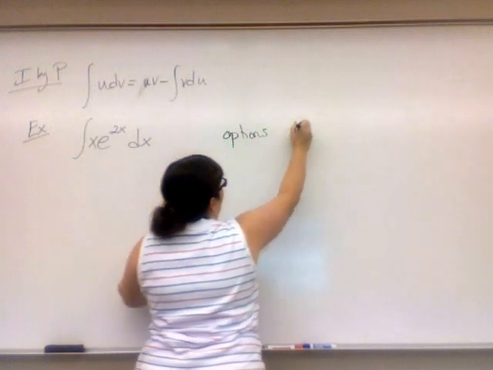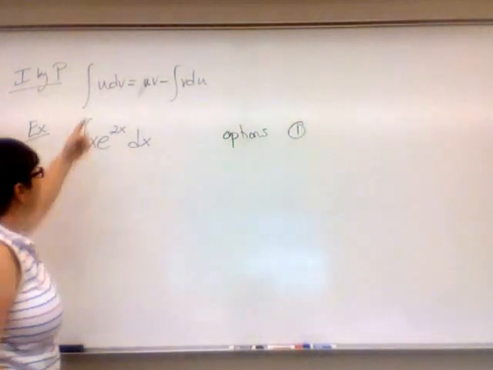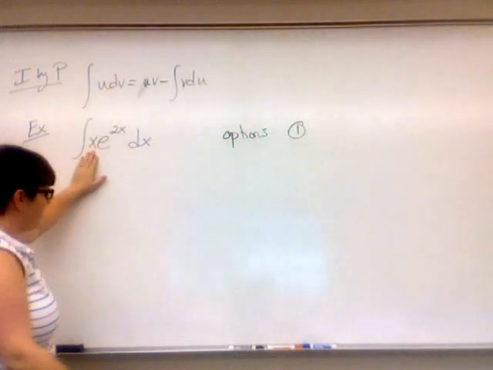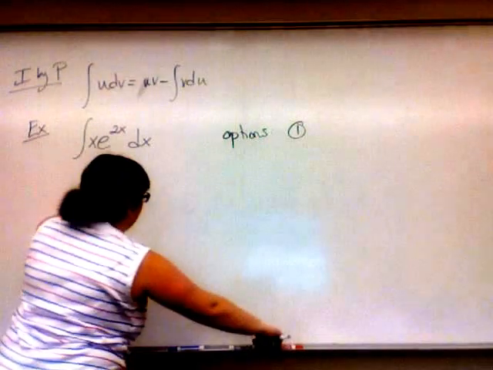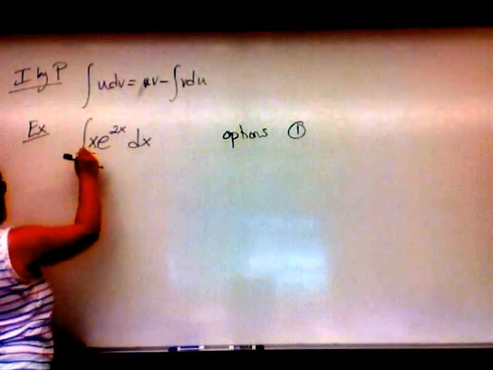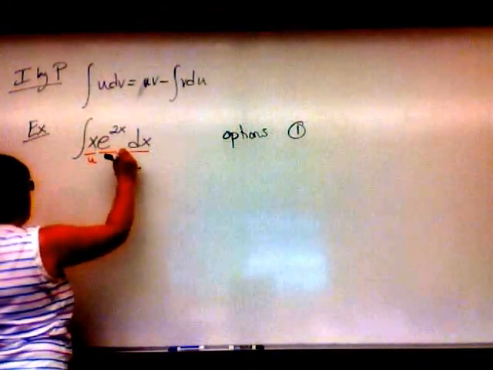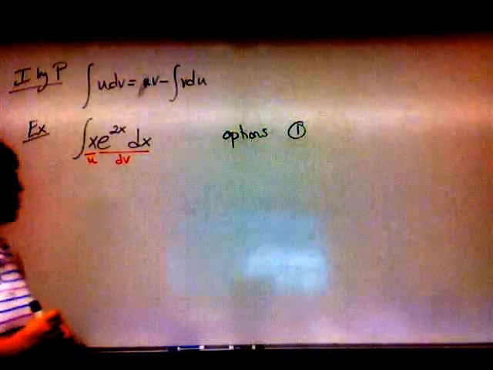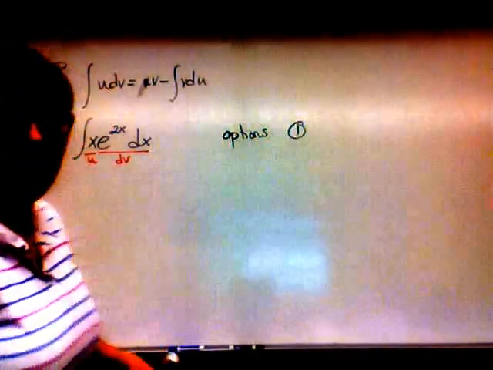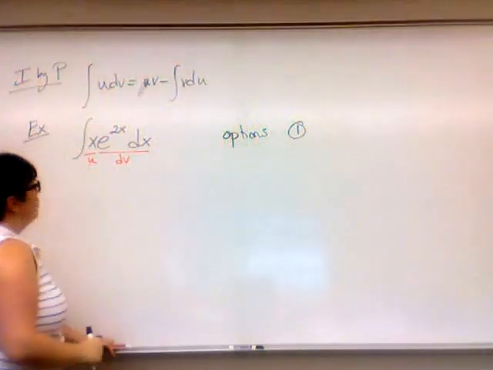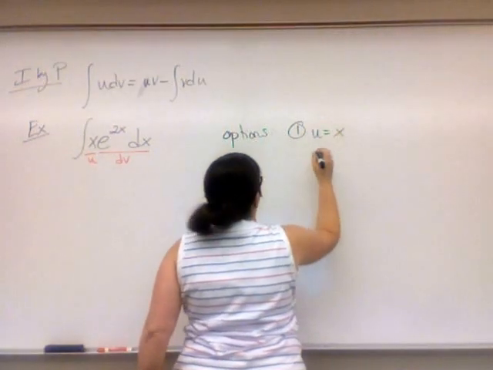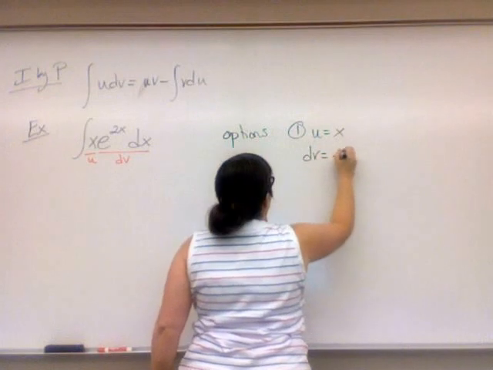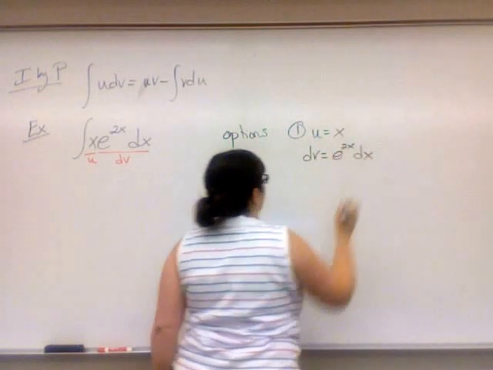So we have a couple of options here in terms of choices. Our first option is that u could be x, and dv could be e to the 2x dx. So we could have this be u and this be dv. I'm hoping you can see that. So let's call that option 1: u could be x, and dv could be e to the 2x dx.